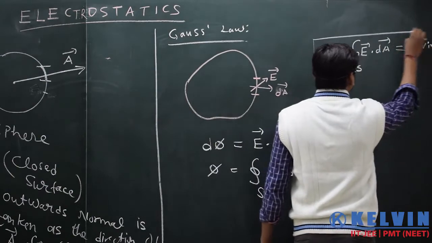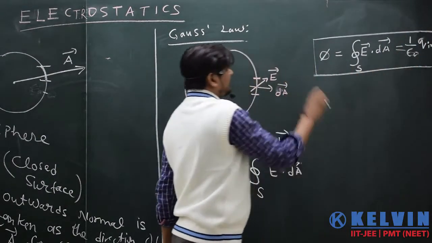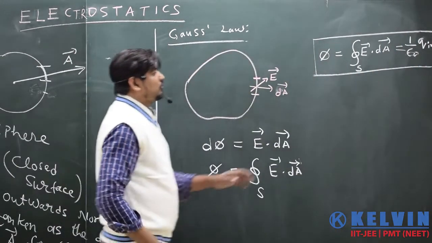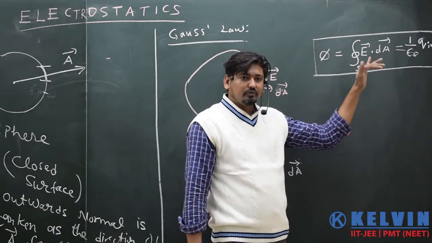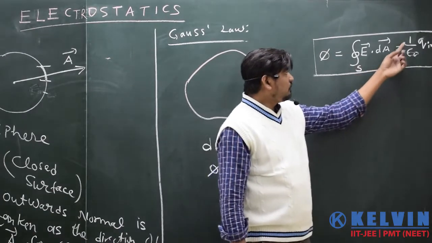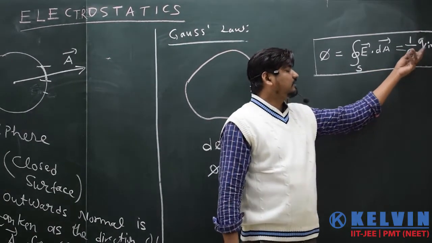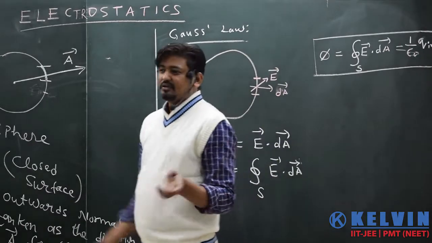So this is the statement of Gauss law. The total flux of the electric field associated with a closed surface is equal to 1 upon epsilon naught times the total charge enclosed inside the surface.